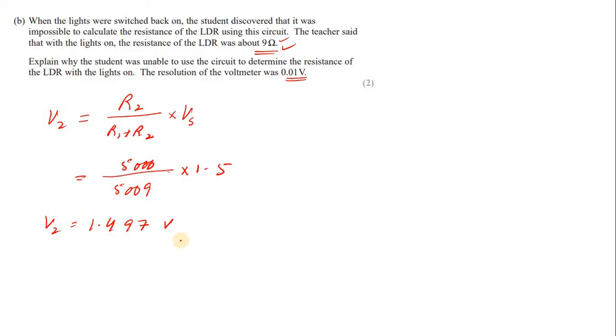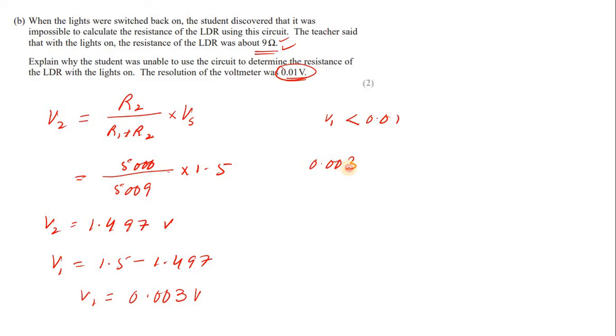And if you see V2, when the light is turned on, is 1.497 volt, which means V1, the voltage across the LDR, is 1.5 minus 1.497. V1 is equal to 0.003 volt, and so V1 is much less than 0.01, which is the resolution of the voltmeter. 0.003 is less than 0.01, which cannot be measured.